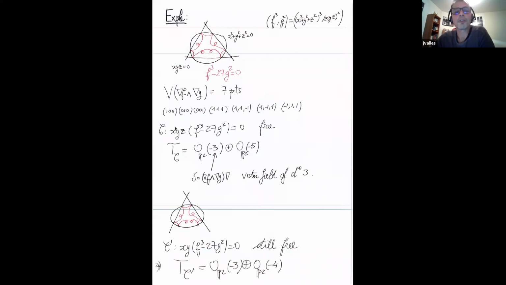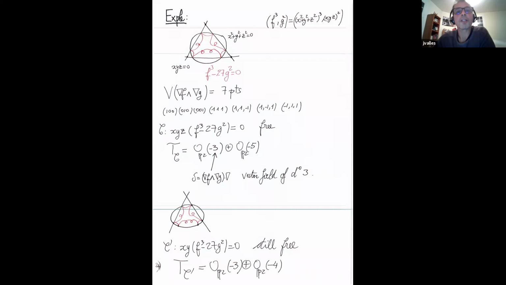And if you take the union with the other cubic, then this union is free with a nice, small splitting. And we can remove one line and keep the freeness for the divisor, and I will explain why.